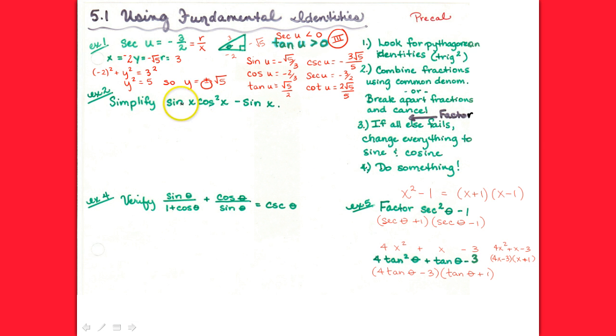So if I have sine times cosine squared minus sine, I might want to make that like a b squared minus a, where we're putting a in for each of the sines, and then we're putting b in for the cosine. Okay, so you don't have to do that, but if it just makes it easier for you to see to do that factoring, then please do.